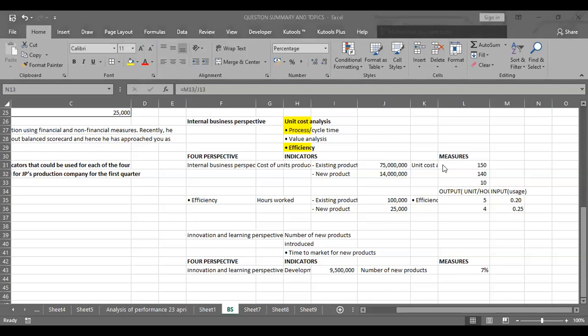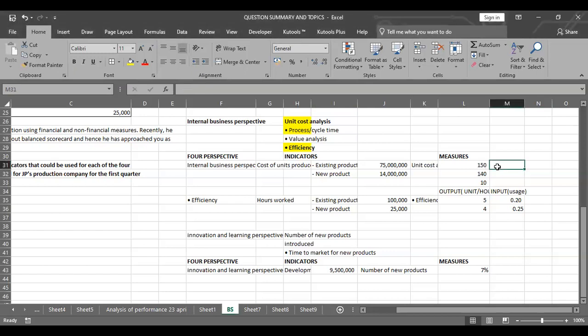Somebody asked how I got to 150, and I divided. I will add the formula later, but generally, this is what I did. I took the figures relating to that, which is the 500.